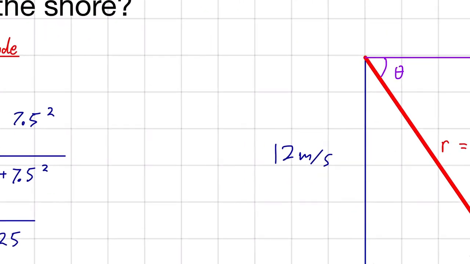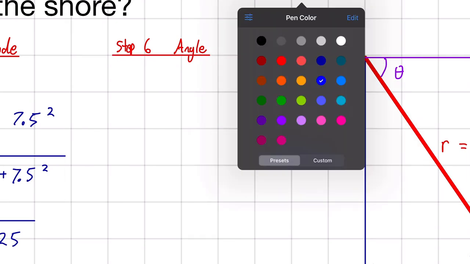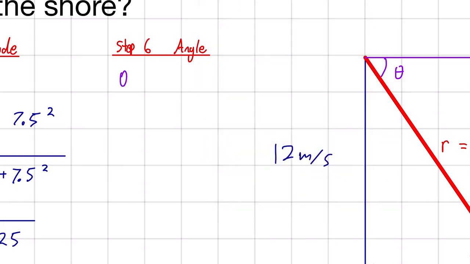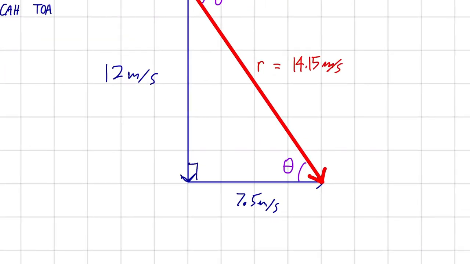It's going to be step 6. It's the angle. So let's find the angle. How are we going to find the angle? We're going to use SOHCAHTOA, because once again, we know this is a right angle triangle.